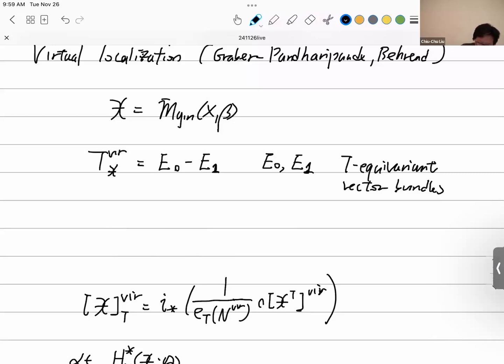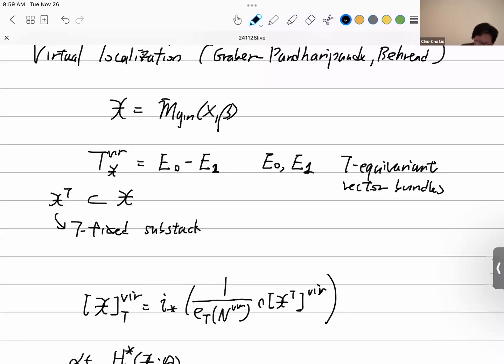So now suppose that we have this, the fixed locus. So this is T fix. In this case, a substack is a closed substack.